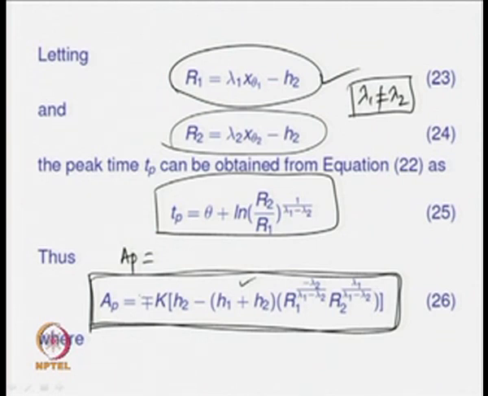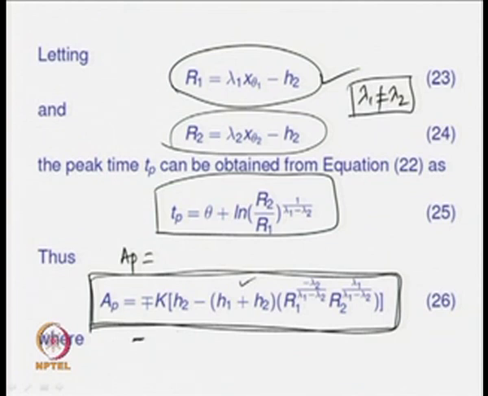Now, this negative value will be for what type of process? If you are taking a second order system with a right half plane pole. So, the negative sign, the upper one, will be chosen for a process of the form G(s) is equal to k e to the power minus theta s times (minus plus T0 s plus 1) divided by (T1 s plus 1)(T2 s plus 1).